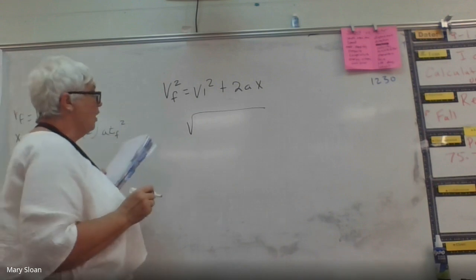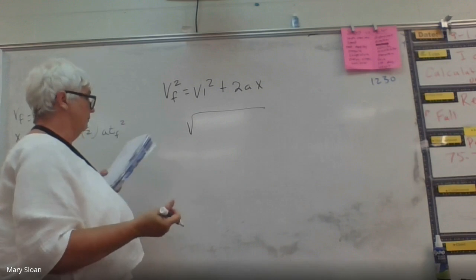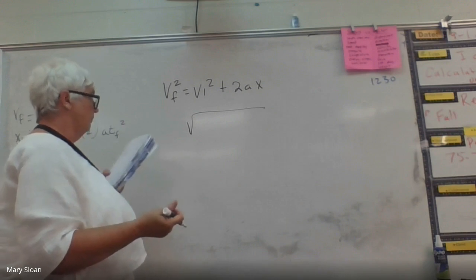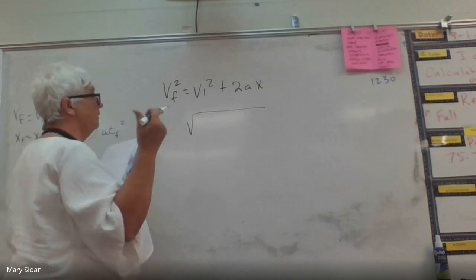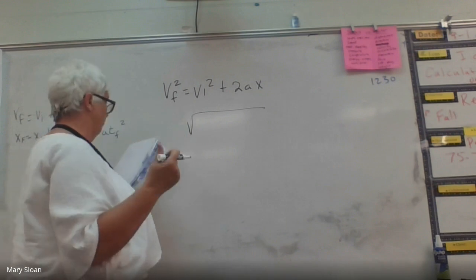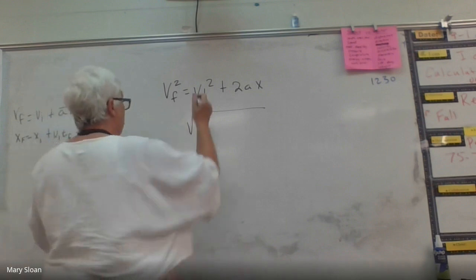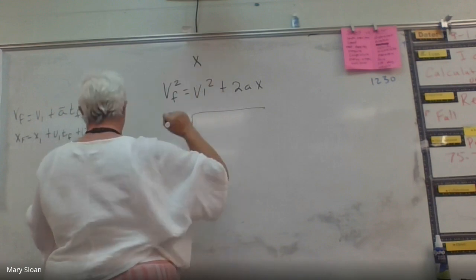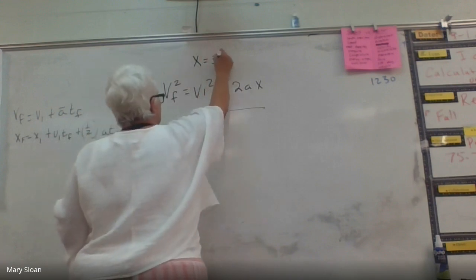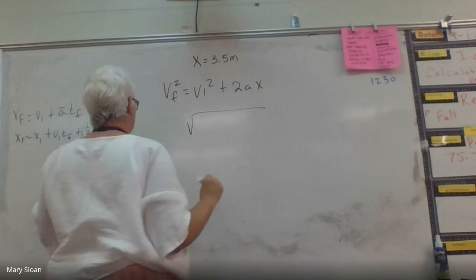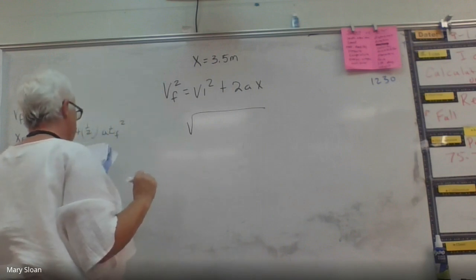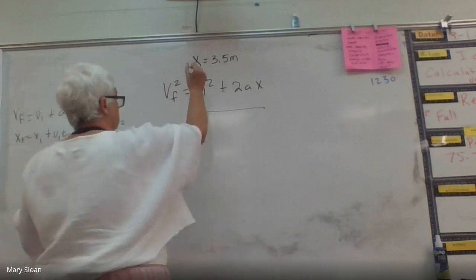Okay, so what do we have as far as the variables in our question? We have the position, 3.5 meters, right? Do we have anything else? I guess acceleration. But wouldn't that be 9.8?